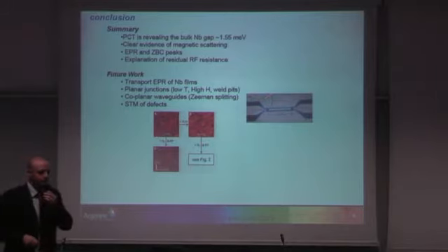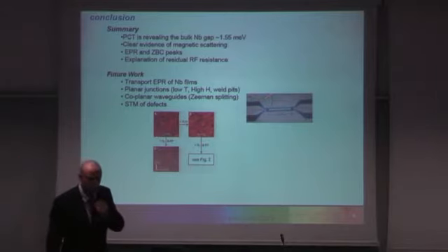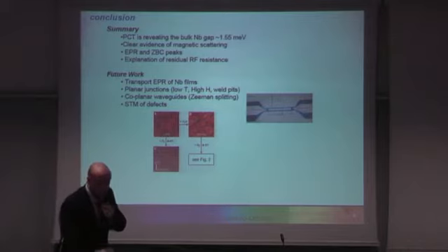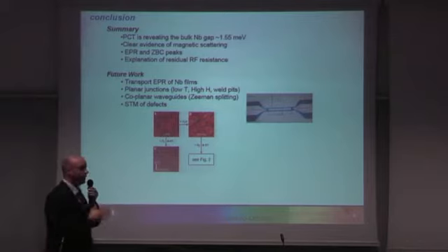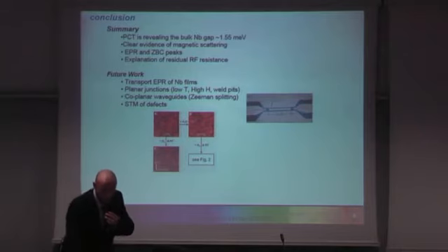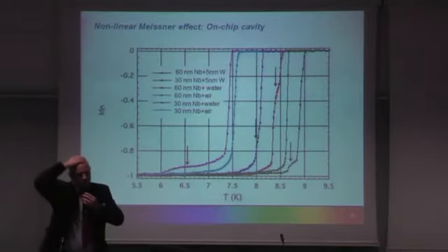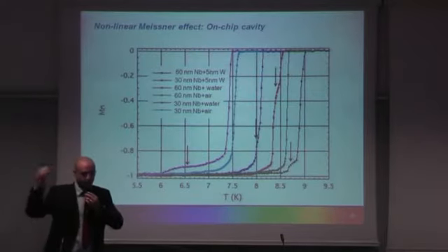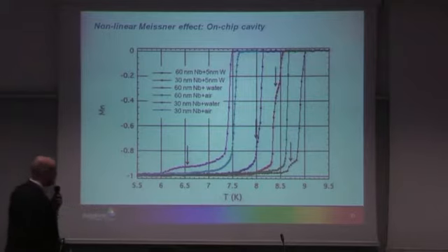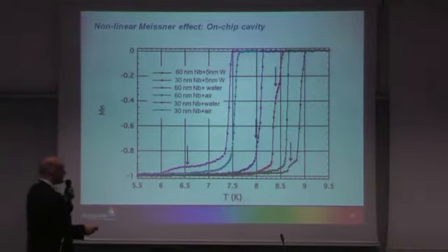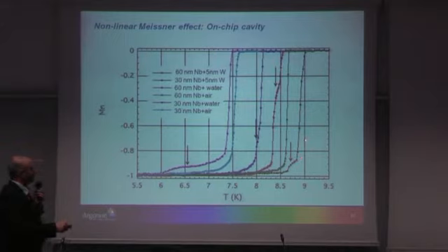As Alex mentioned in his talk yesterday, we sent samples, so it's niobium films, this resonator in the middle, with different surface treatments to try to see if magnetic impurities could affect this nonlinear Meissner effect.